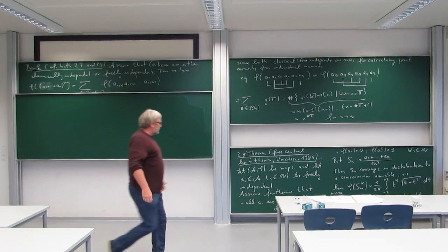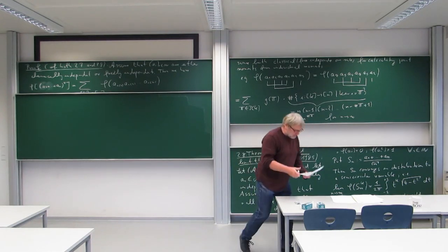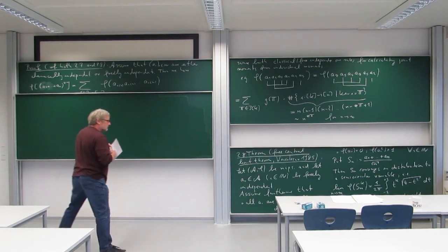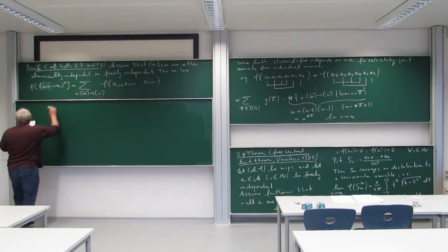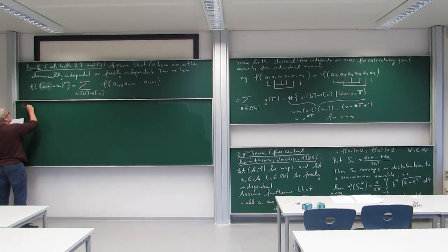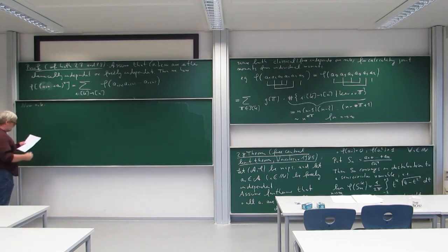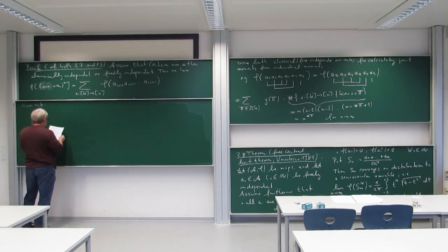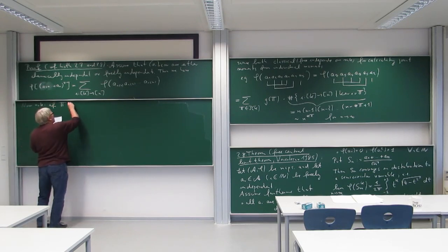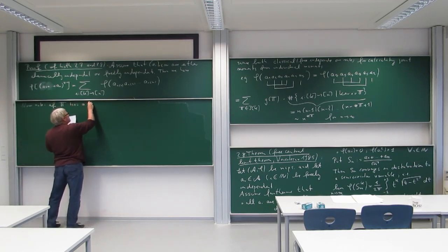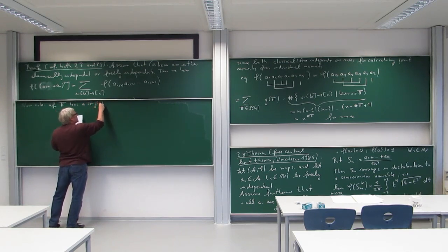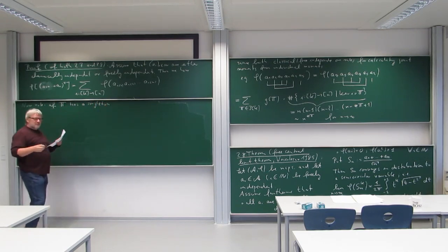So let us consider pi which has a singleton, so that we can get rid of this. So we consider now a situation where pi has a singleton, a block of size 1.